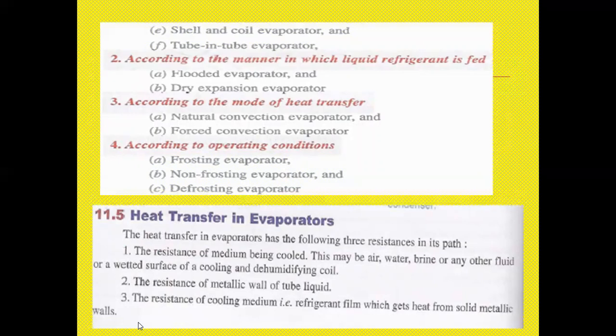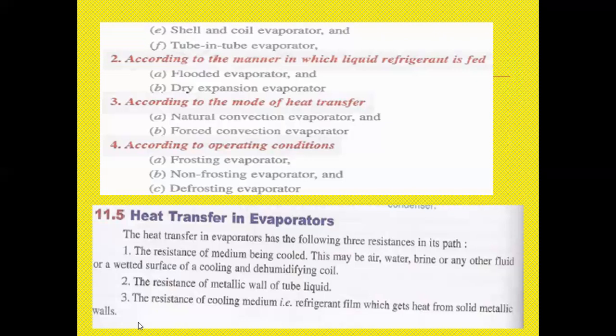These are the 6 types of evaporators according to the type of construction. The second classification is according to the manner in which the liquid refrigerant is fed. First is the flooded evaporator. Second is the dry expansion evaporator.